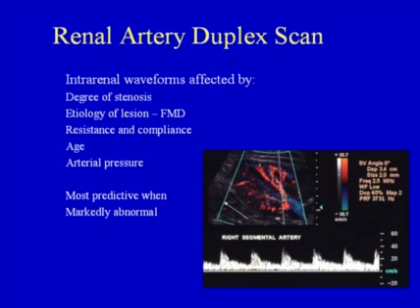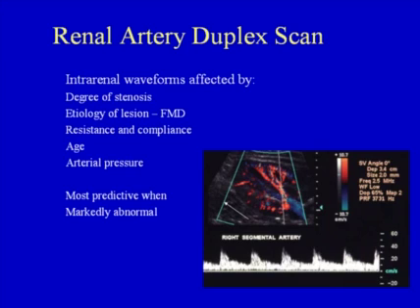However, they are most predictive when markedly abnormal. If you find an abnormal waveform out at the hilum and a delayed acceleration time, this is highly predictive of proximal renal artery stenosis. However, if the waveform is normal, it really does not imply whether the vessel is patent or stenosed.